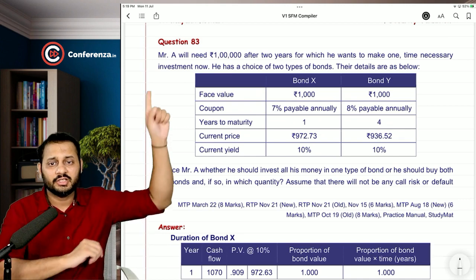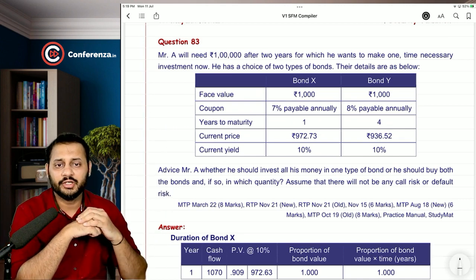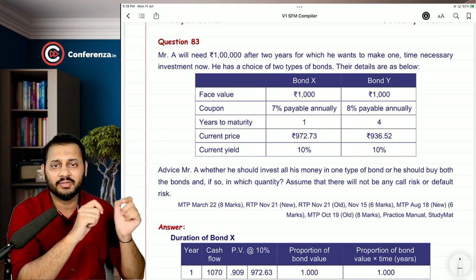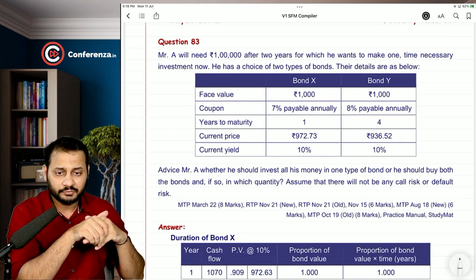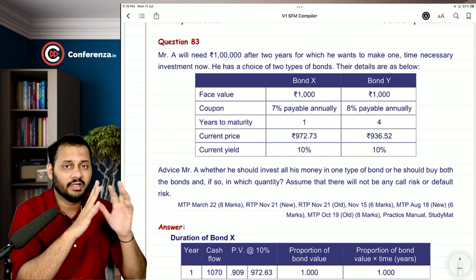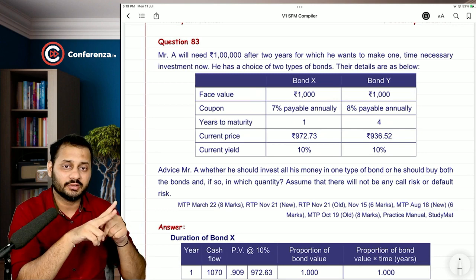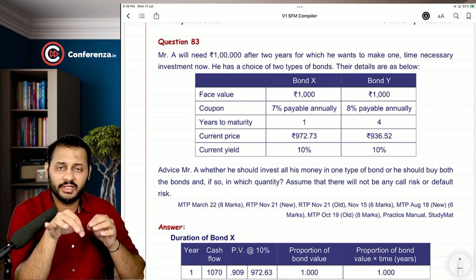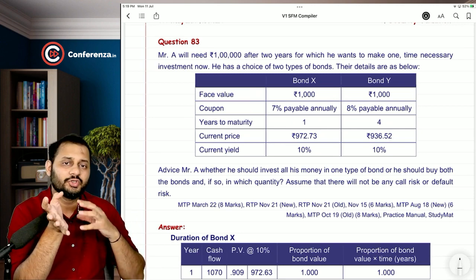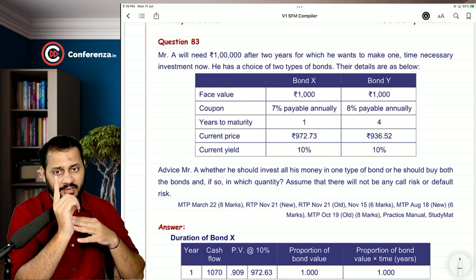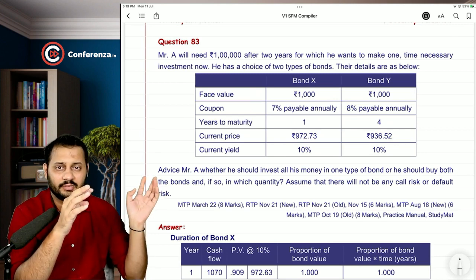Okay, Mr. A will need 1 lakh rupees after 2 years, for which he wants to make one time investment. Understand? He wants to make an investment today itself, one time, not like a systematic investment plan.